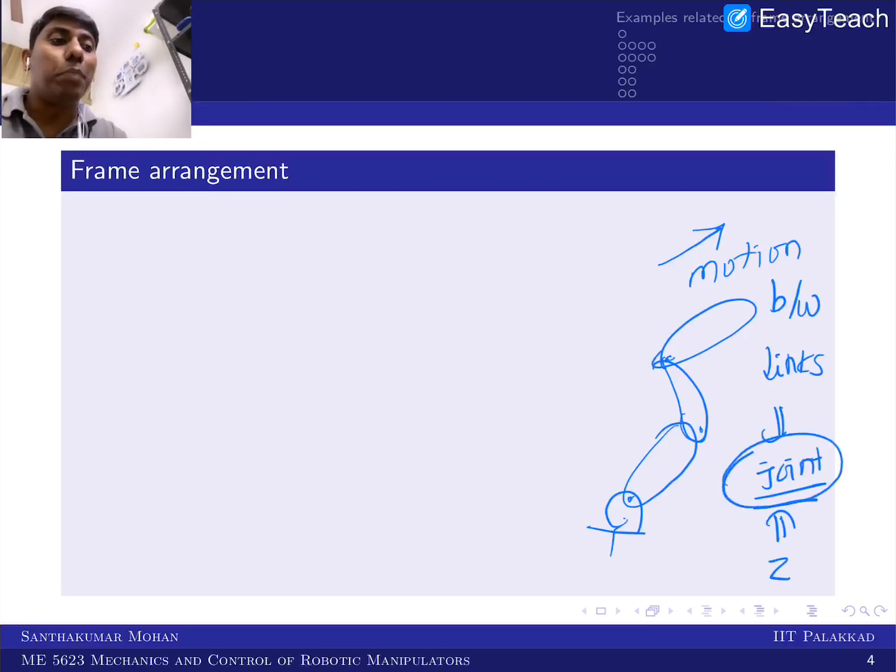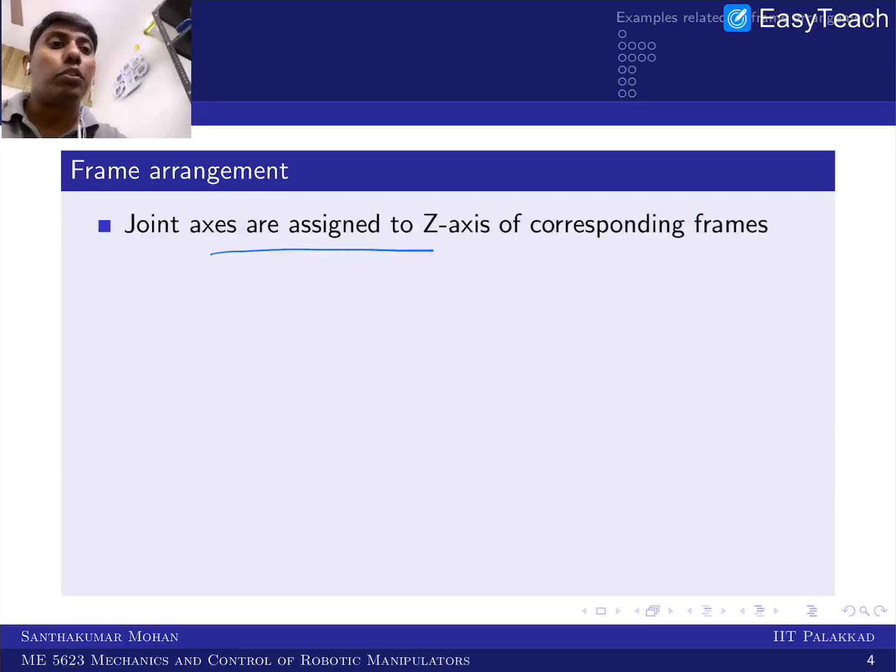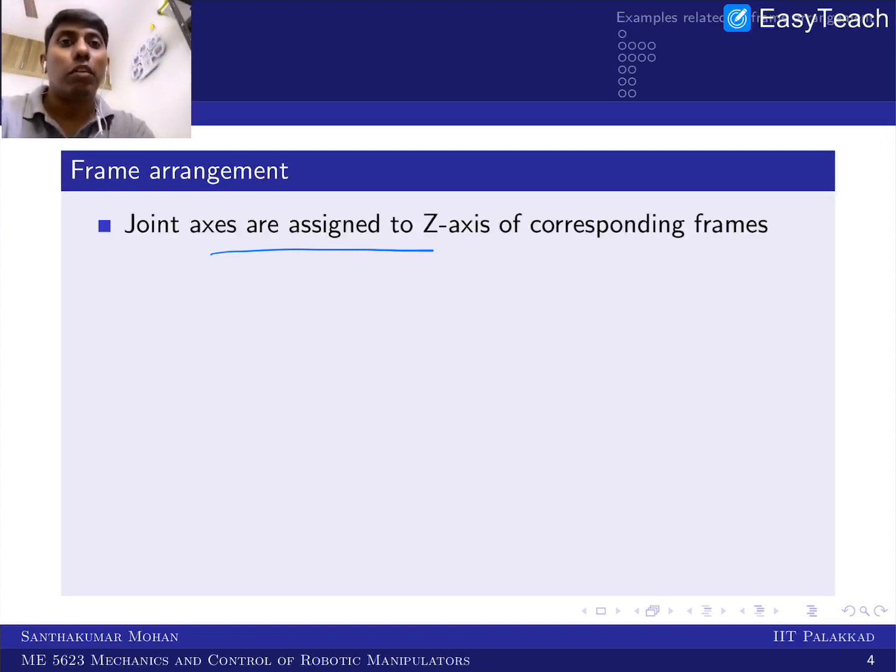The joint parameter would be the variable, either one of them would be variable as per Denavit-Hartenberg. So that joint axis we are fixing to the z axis. The first key point is that the joint axis is assigned to the z axis of the corresponding frame.